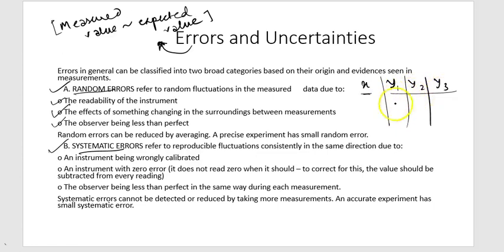So you have y1, y2, y3, and you take an average of the three. That's your data for x and y. That's your first point. For the second, you repeat the same exercise, and that's how you continue. Finally, you end up with a set of data for x and y.